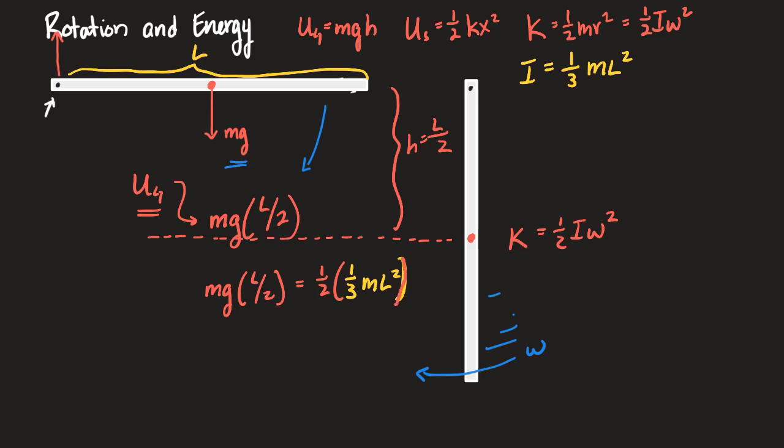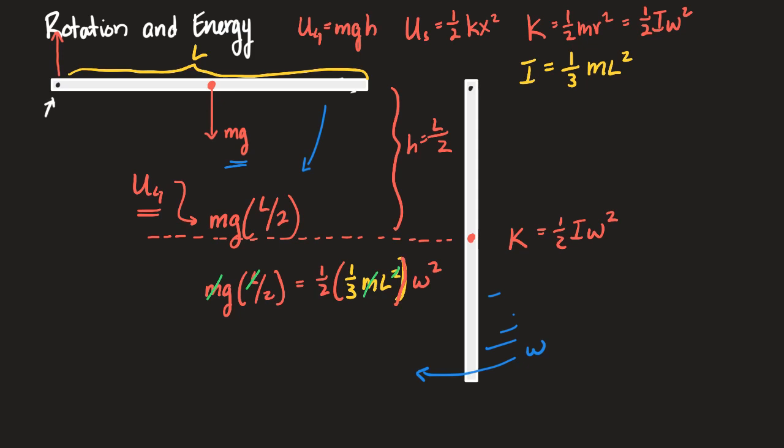Times omega squared. Now, like in a lot of these problems, we tend to see the mass cancel out. And since we have the moment of inertia in terms of the mass, that cancels out here too. We're also going to get one of the L's to cancel out, but not both of them.